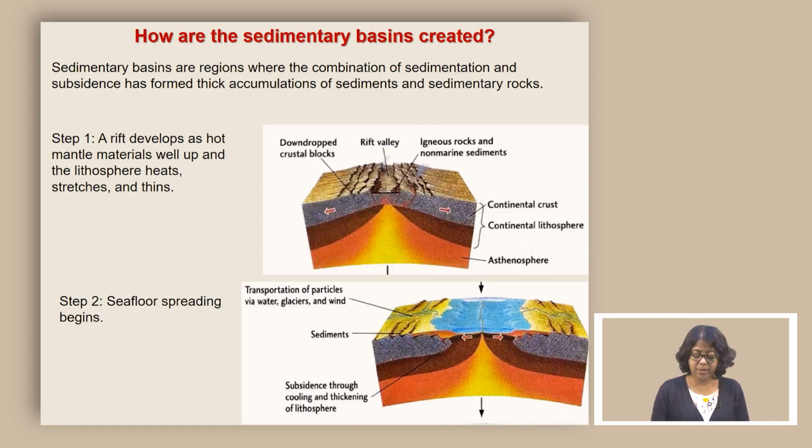As we know, the lithosphere, the topmost part of the crust, is quite rigid and has a thickness, and when the magma comes on the top in contact with this, it becomes really hot. Once it heats up, it expands in volume, loses its density, starts to flow and becomes quite thin, and that is when the rift valley starts to develop.